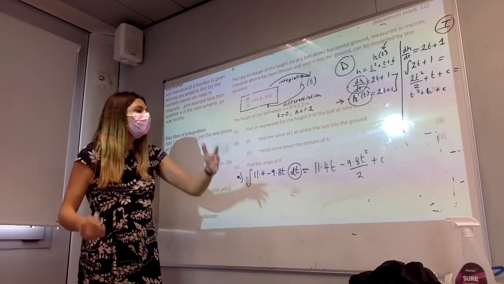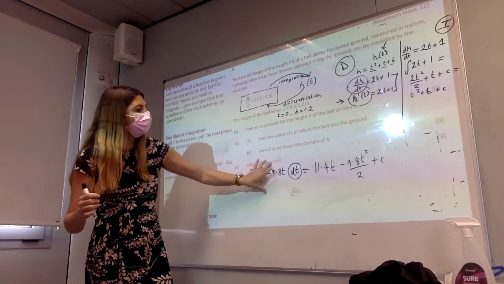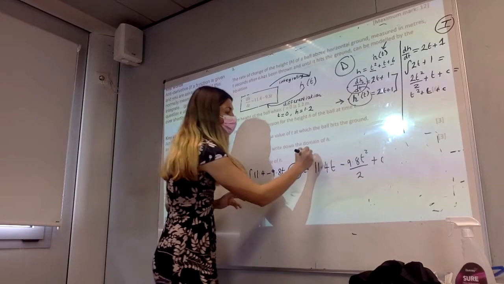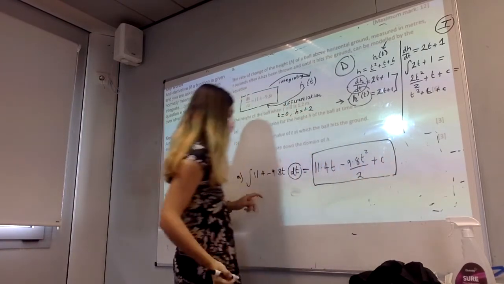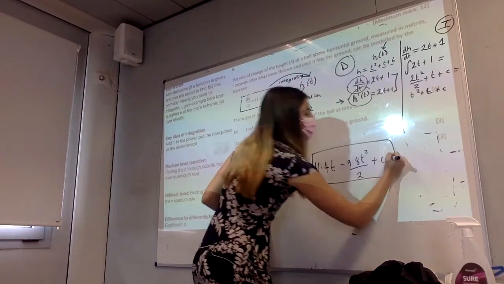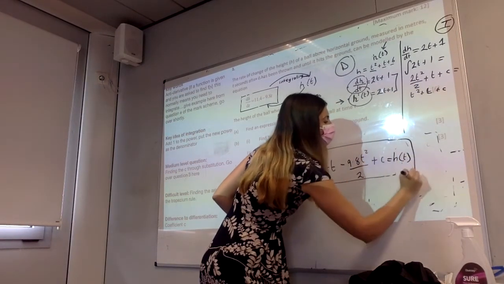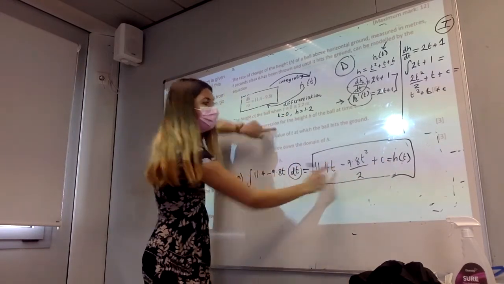Substitute it. So the key thing to do is when you substitute it, you normally substitute it into the integrated function. So we're going to take this equation, and we know that this is equal to the height, so we're going to put h of t, and we're going to substitute in the height and the t.